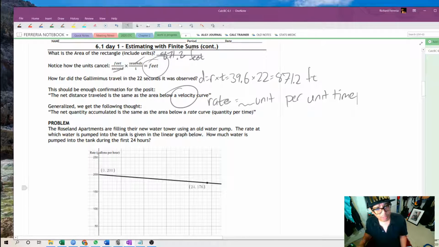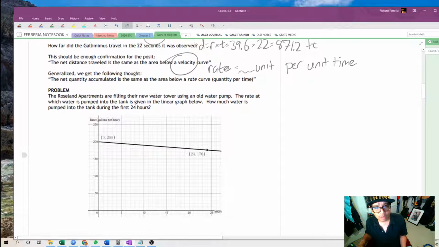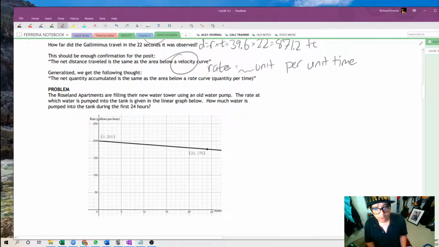And in our next problem, the Roseland apartments are filling their new water tower using an old water pump. The rate at which the water is being pumped into the tank is shown by the linear graph below. How much water is pumped into the tank during the first 24 hours? Okay.